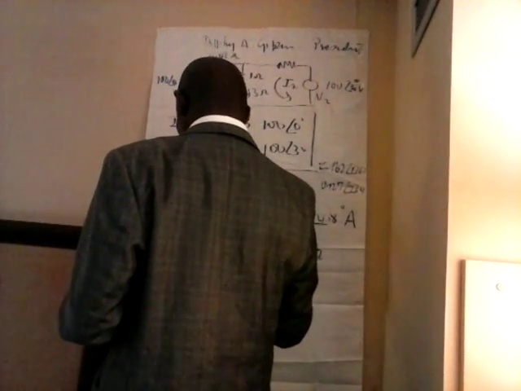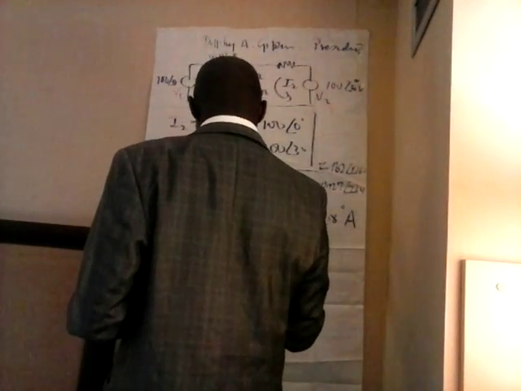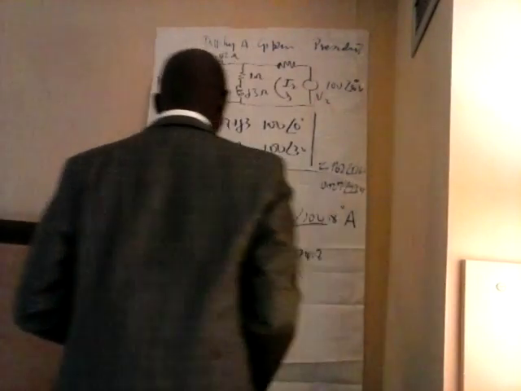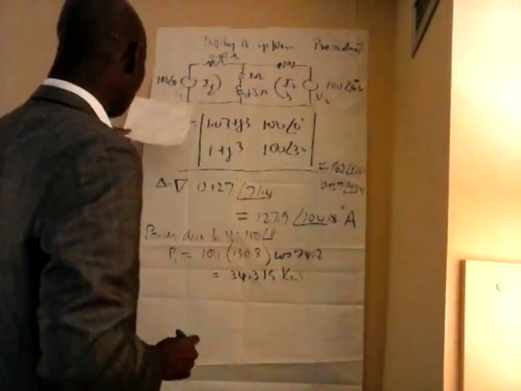And that's equal to 34.315 kilowatts. That is the power due to the voltage source V1.